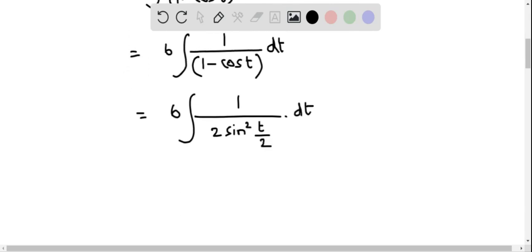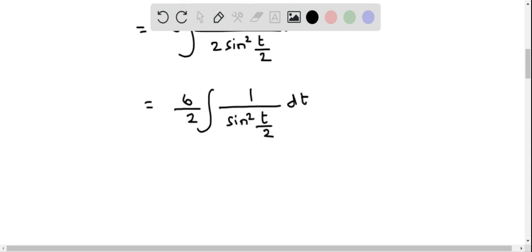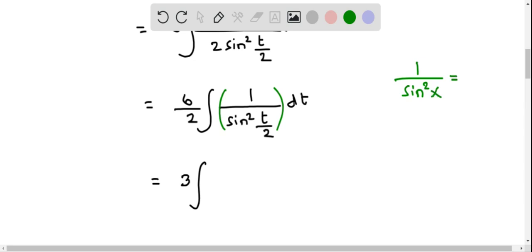Now we can factor this 2 in the denominator. That is, this will become 6 over 2, and then the integral of 1 over sine squared t by 2 dt. And so 6 by 2 is 3. So I put 3 times the integral of, remember that we can simplify this expression, if we use the reciprocal identity, 1 over sine squared x equals cosecant squared x.